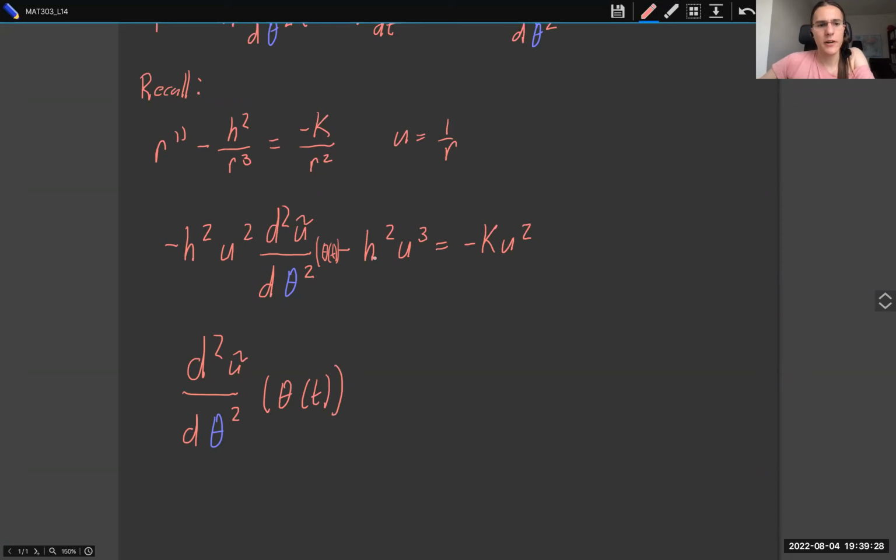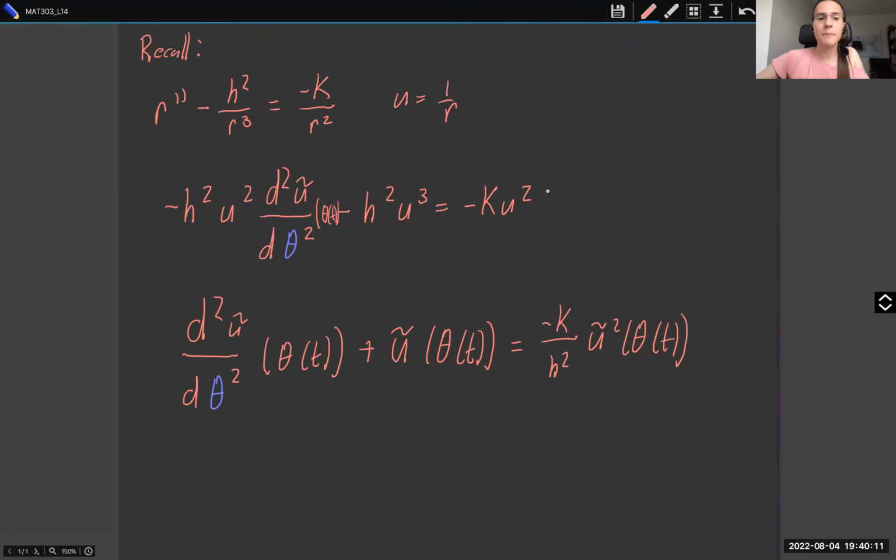If we divide by negative h squared, we're going to bring this term over. Actually, no, we're not going to bring this term over. We divide by negative h squared, so we get plus u. But we're going to write this in terms of tilde. U is u tilde of theta of t, right? Is equal to negative k over h squared, which are just numbers, u tilde squared theta t.